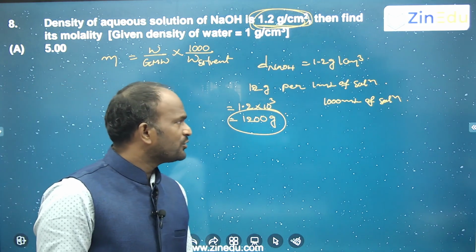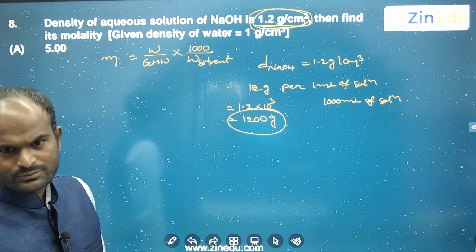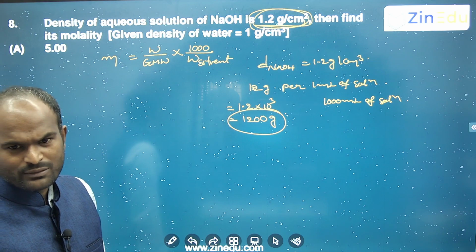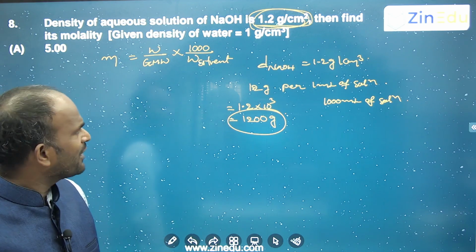Yes, right, 1200 grams in 1000 ml of solution. 1200 grams is present in the 1000 ml of solution.